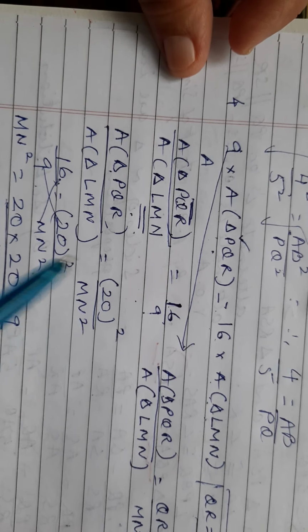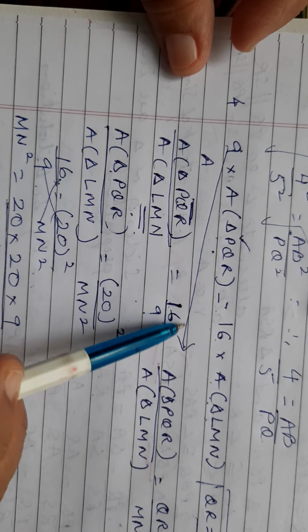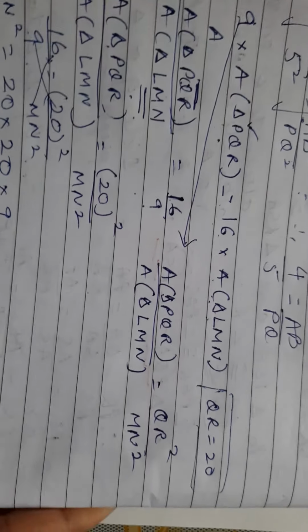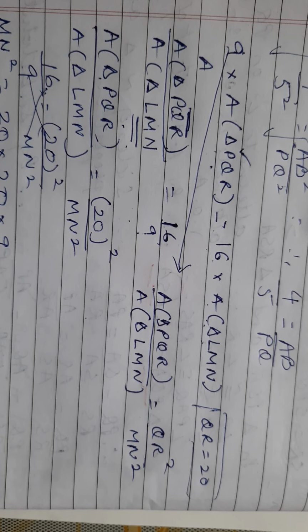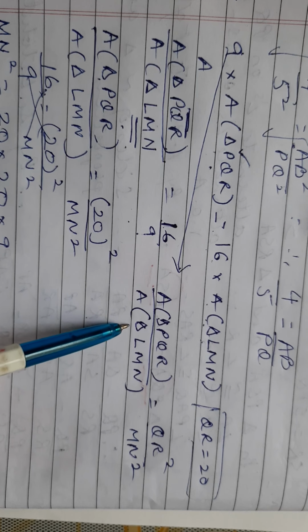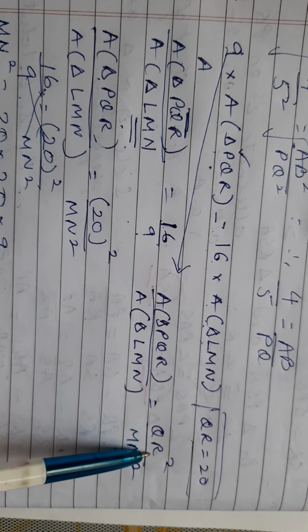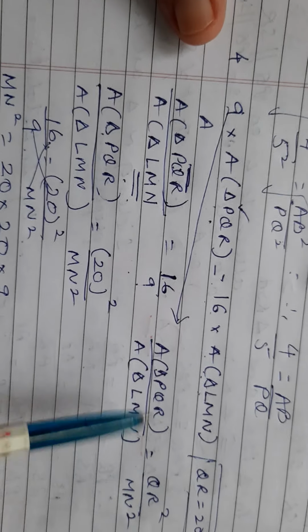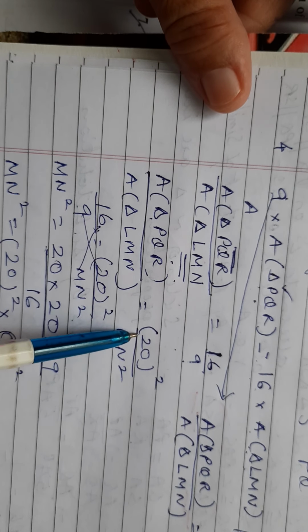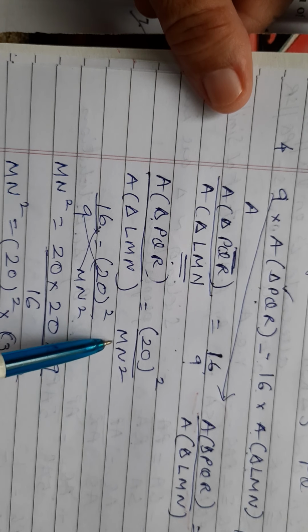So we have area of triangle PQR upon LMN equal to 16 upon 9. Now if we apply the ratio of areas of similar triangles, area of triangle PQR upon area of triangle LMN is equal to QR square upon MN square, which is 20 square upon MN square.